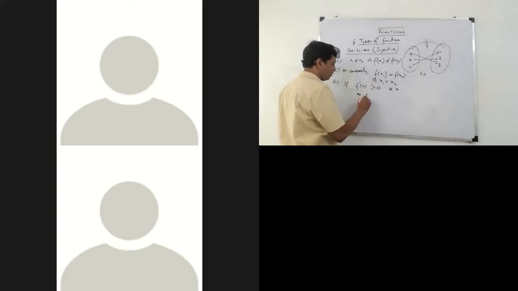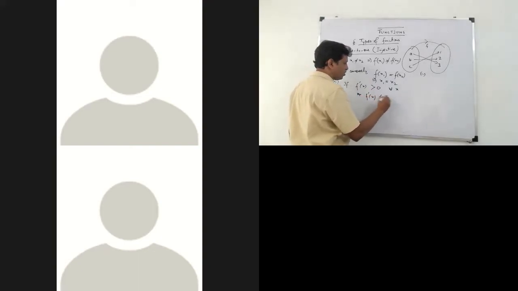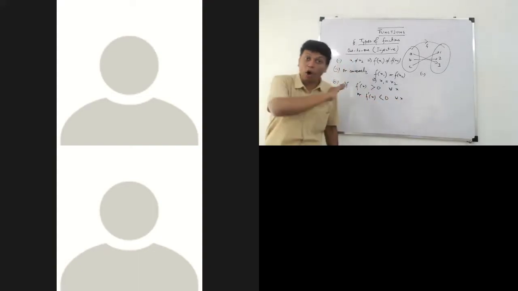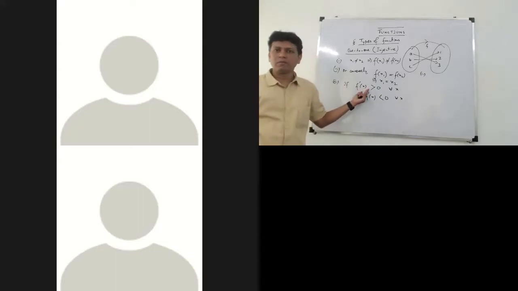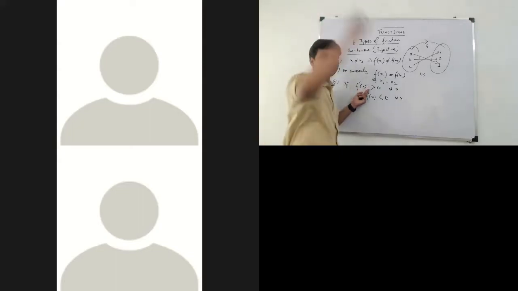Or f dash x less than 0 for all x. For all x, not for some x after that it is negative. No, for all x it should be greater than 0. That means the function is increasing.